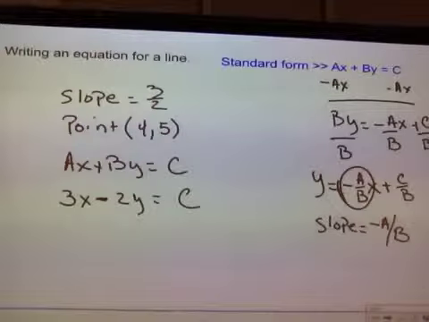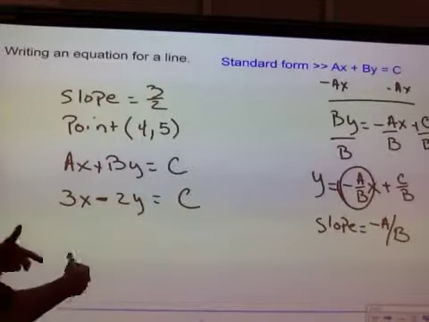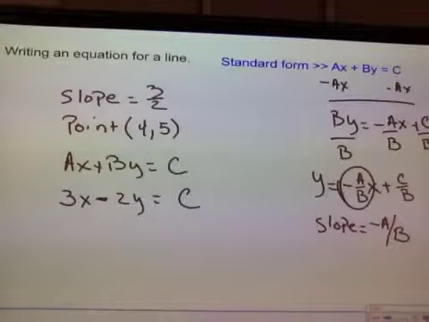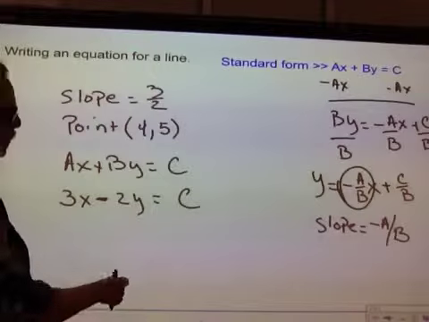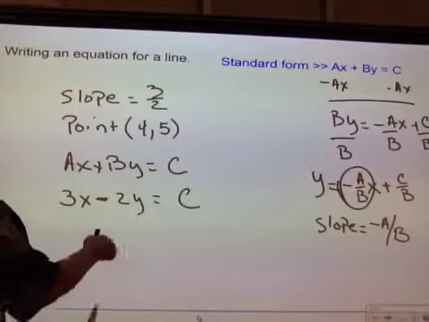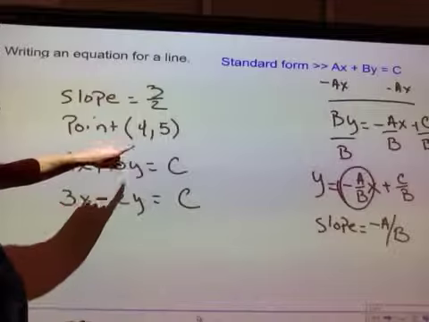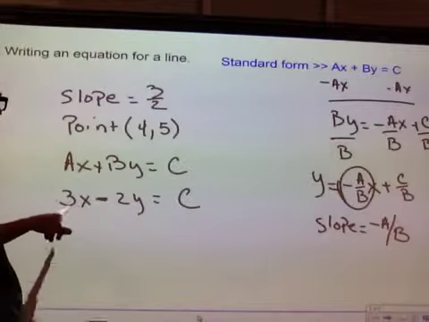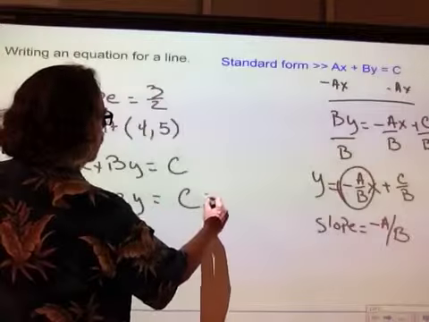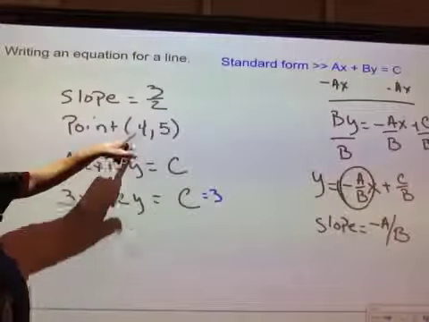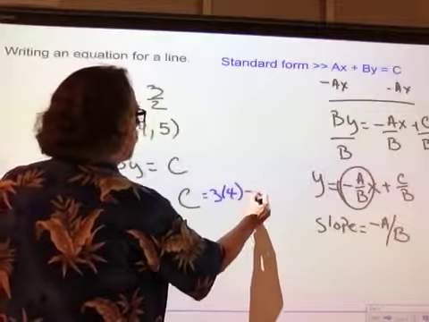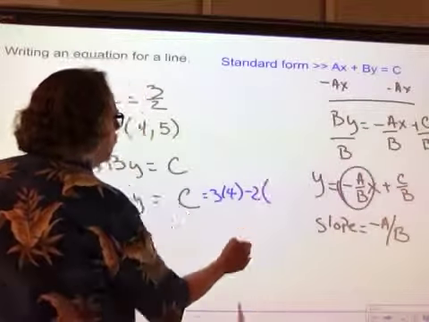Okay? All right. Well, to find c, we know that any point on the line should make the equation true. So if I substitute in the 4 and the 5 for the x and the y, I'm going to write here 3 times the x, so 3 times 4, and then minus 2 times the y, which is the 5.